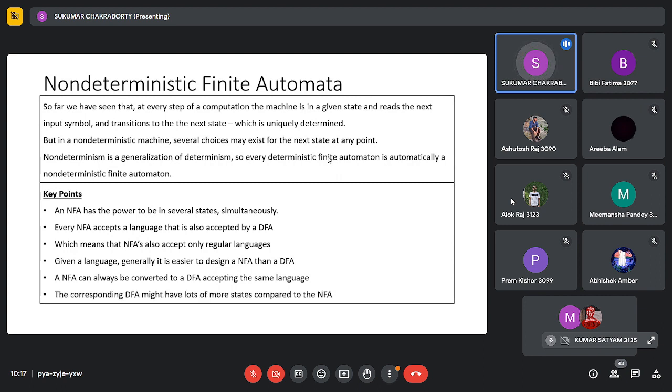The corresponding DFA might have lots more states compared to the NFA.